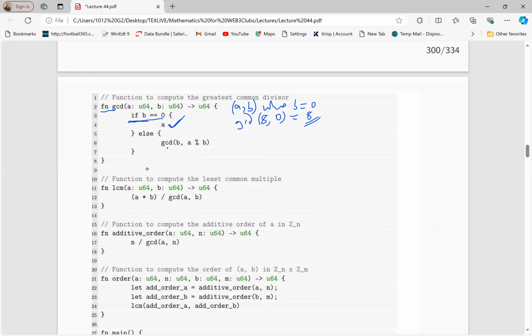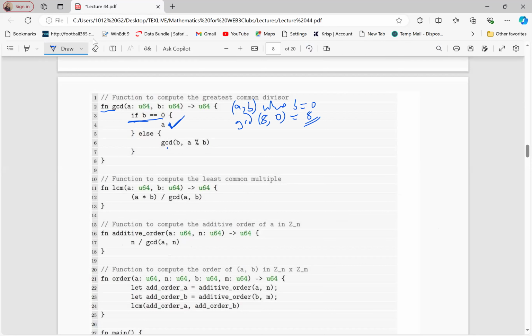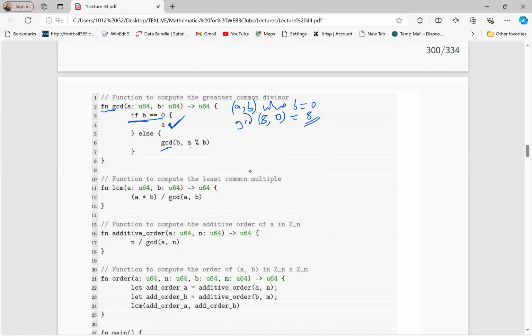That's what the code is saying here: if B is equal to 0, then A is the result. Otherwise, if B is not 0, then what is the GCD? Now, it will divide A by B until B becomes 0.